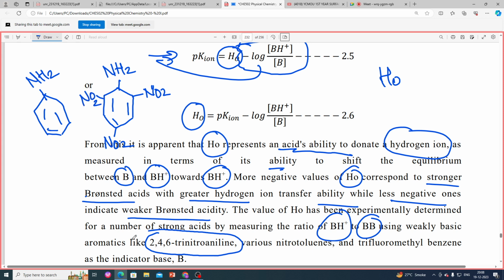Okay, so here we are taking aromatic bases like 2,4,6-trinitroaniline and various nitrotoluenes.